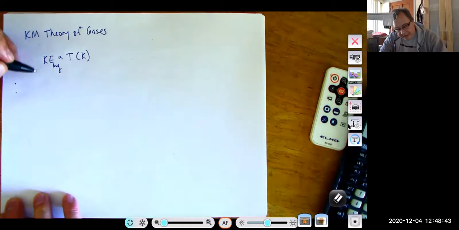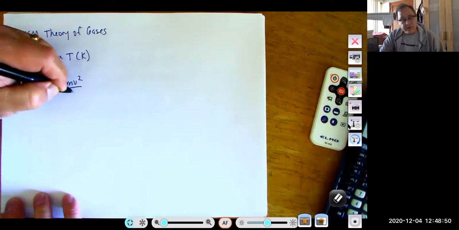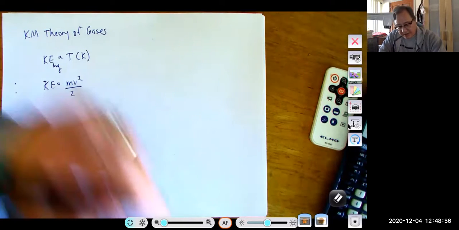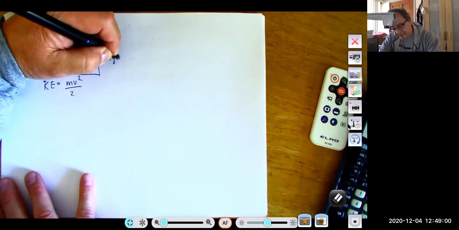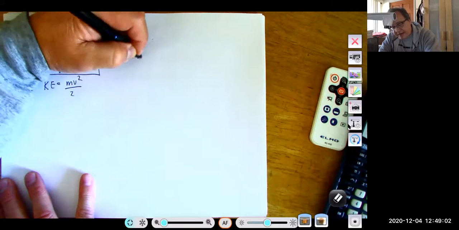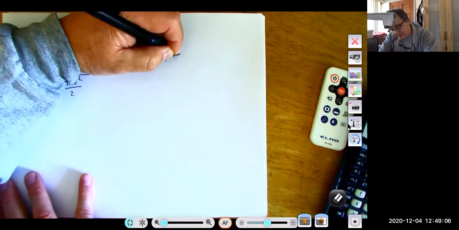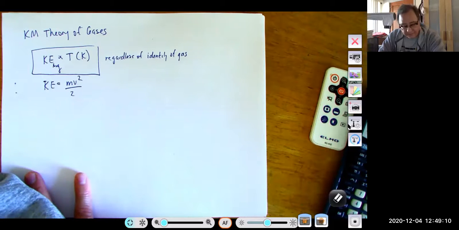Now, kinetic energy of a particle is equal to mv squared over 2, where m is the mass of the particle and v is the velocity of the particle. Now here, this is regardless of the identity of the gas. The kinetic energy is proportional to the temp Kelvin.